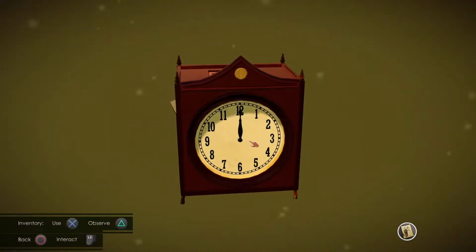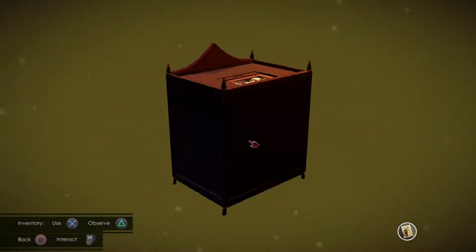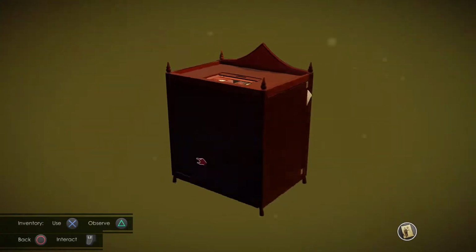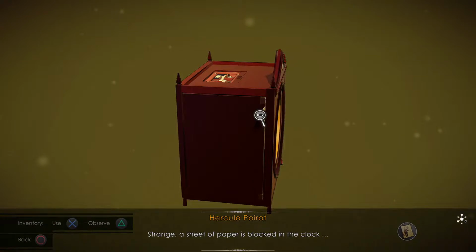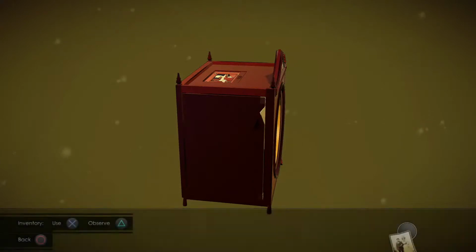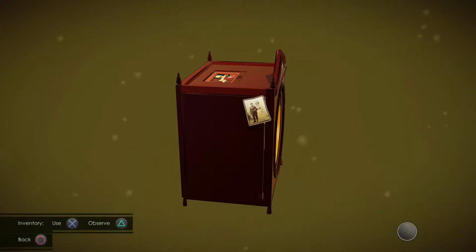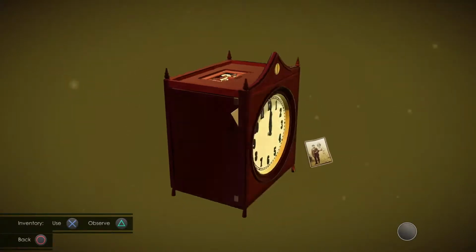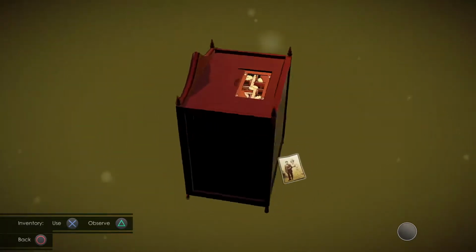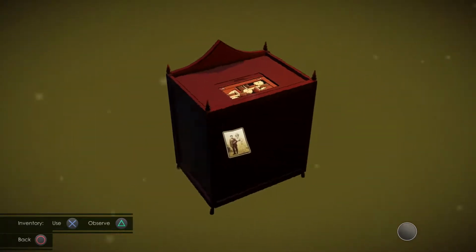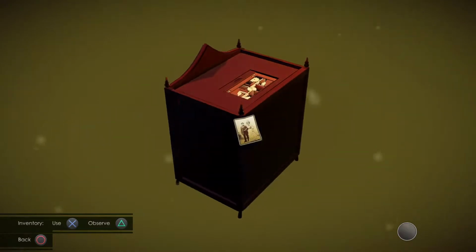Throw it against the wall and... I don't think the photo has anything to do with it.